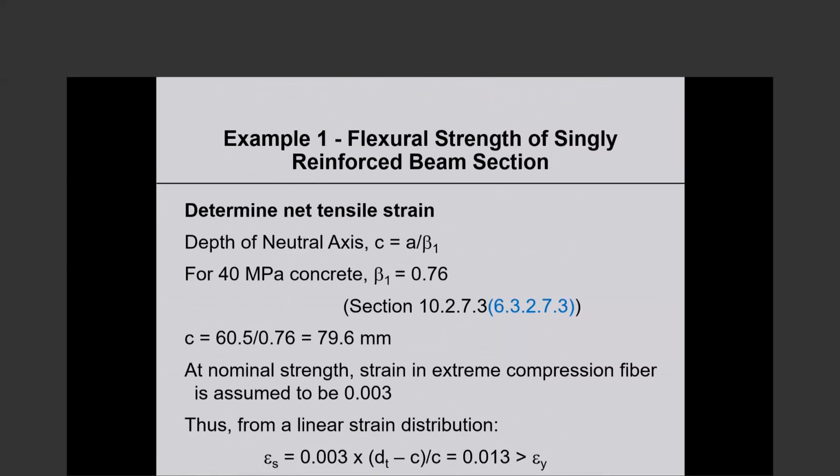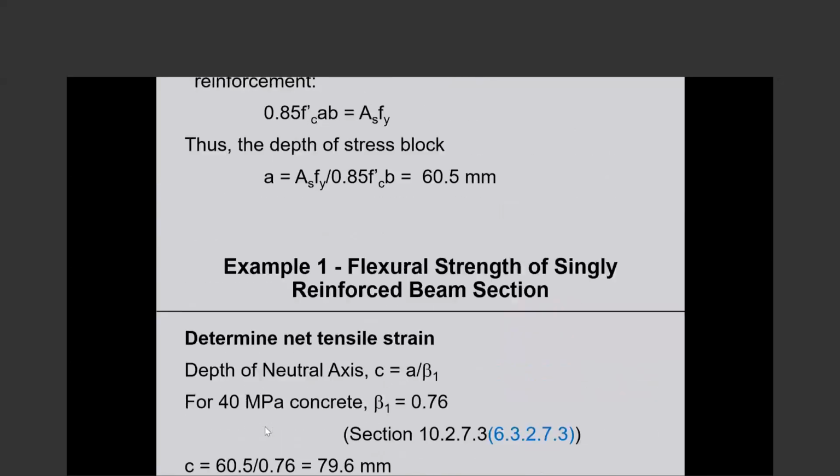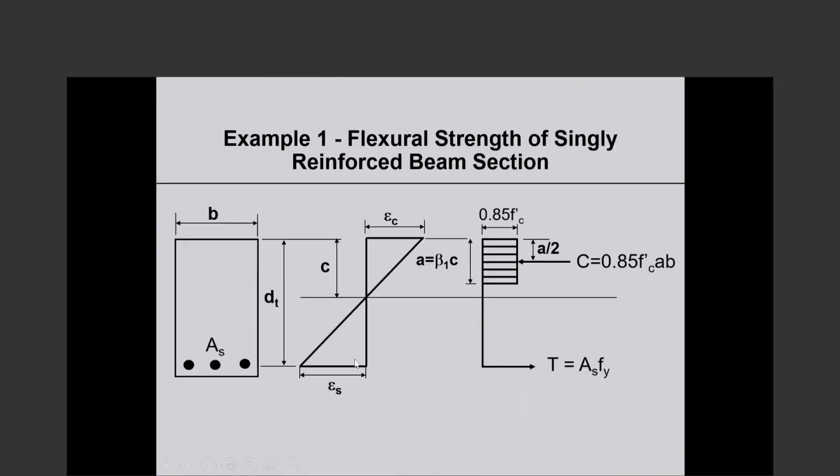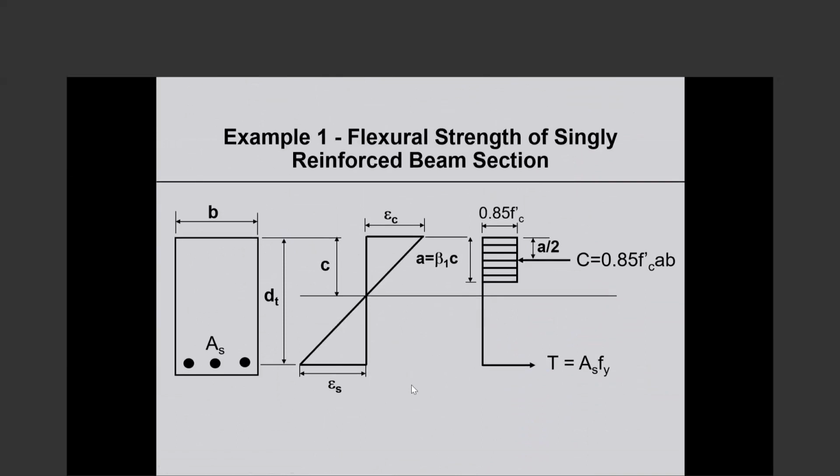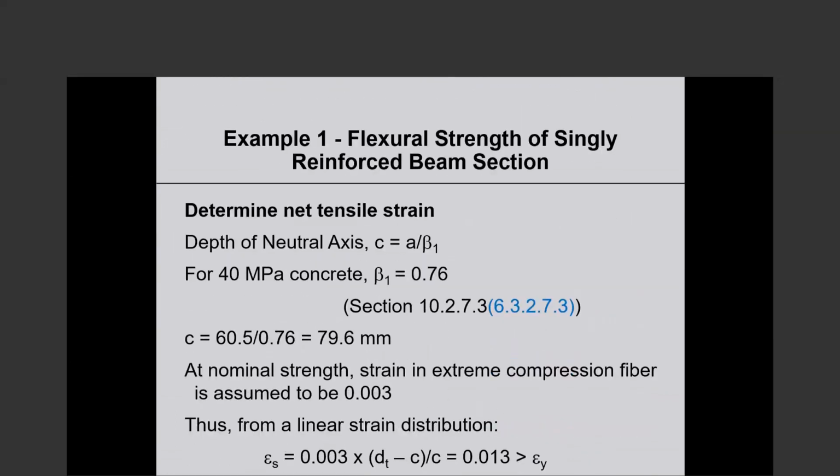So from a linear strain distribution, which we are postulating, the tensile strain in the reinforcement comes out to 0.013, which is larger than epsilon sub y. All we are doing is, if it is 0.003 here, what is the strain at the location of the centroid of the reinforcement? And that came out to 0.013, verifying that the tension reinforcement actually yields as we assumed in the first place.